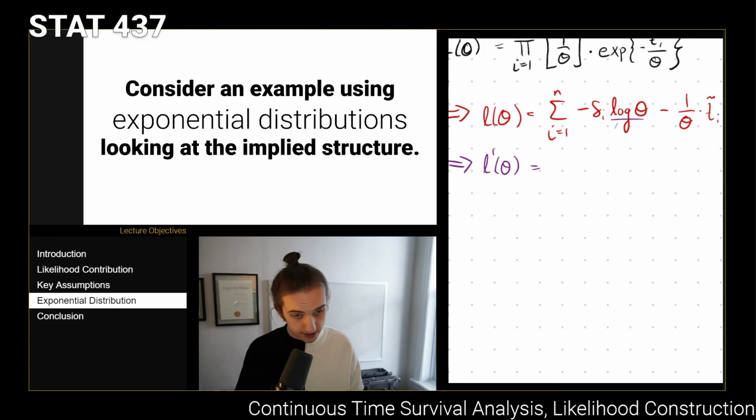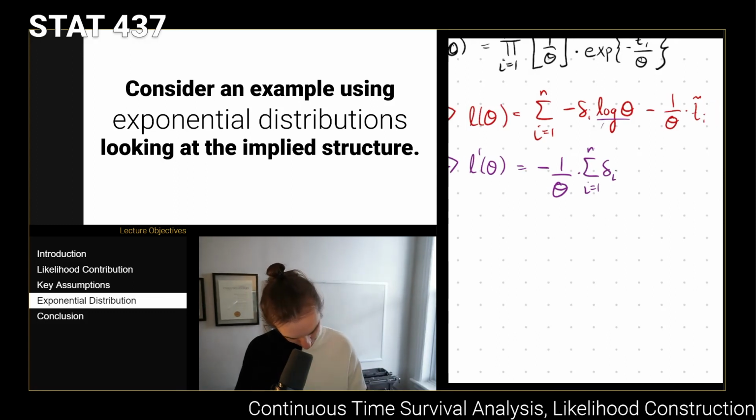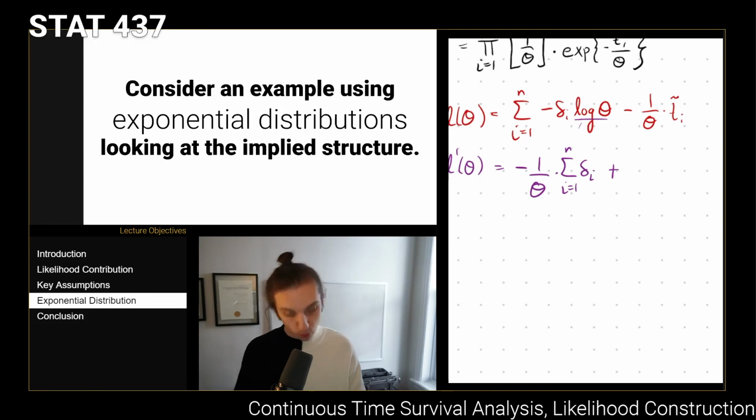The derivative of log theta is 1 over theta, so it's negative 1 over theta, times the sum i equals 1 to n of delta i. And then we end up adding 1 over theta squared, since the derivative of 1 over theta is negative 1 over theta squared, but we flipped the sign already, times the summation i equals 1 to n of t i.